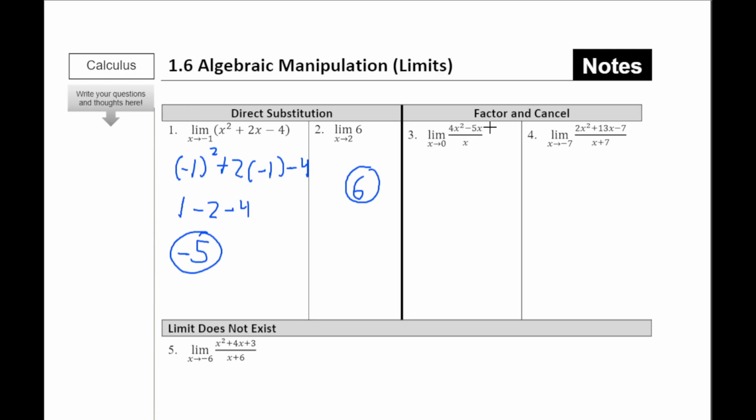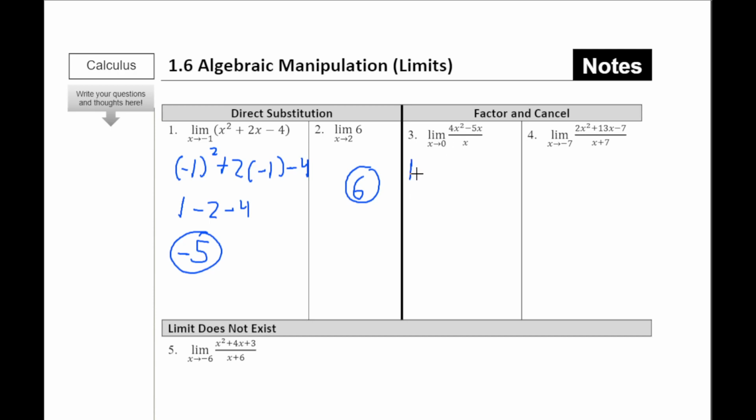This next part here is called factoring and canceling. If we try direct substitution here, if you plugged in x equals 0 on the top and bottom, you'd get 0 over 0. That's indeterminate, and that means we can factor something from the top and bottom.